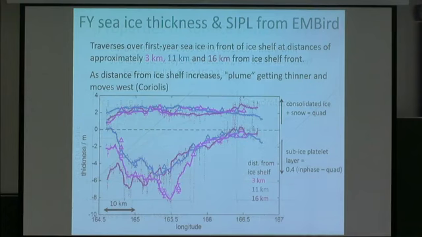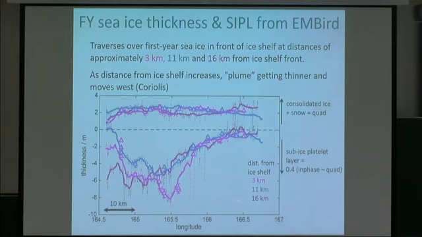So if we turn this around and now say, well, let's plot up sea ice thickness and the thickness of the sub-ice platelet layer as a function of longitude. So this is a transect across the ice shelf front. The magenta is what we measure at 3 kilometres, the blue at 11, and the purpley colour at 16.